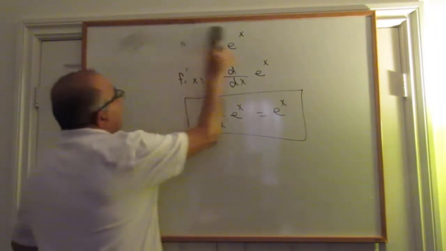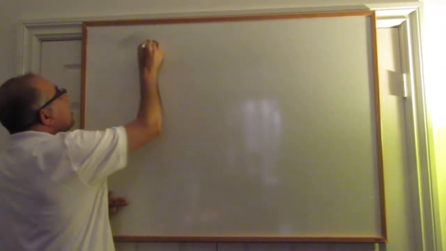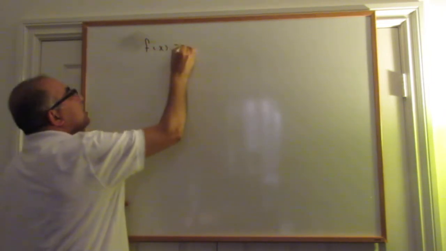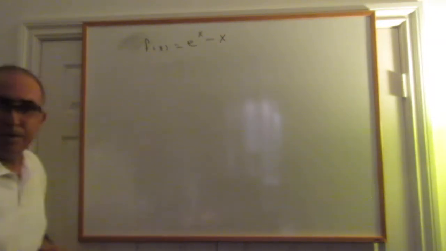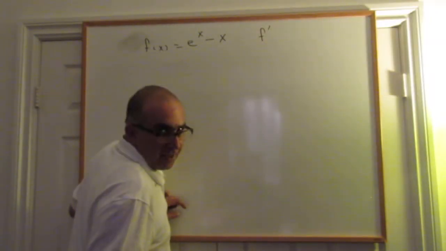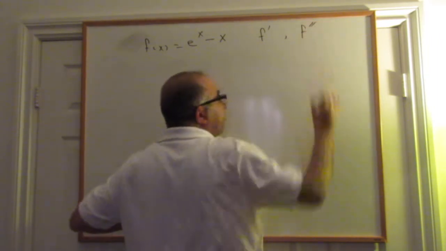Let's do another example. A function f of x equals e to the power of x minus x is given to you. They are asking you to find the first derivative of this function, then in part B find f double prime.